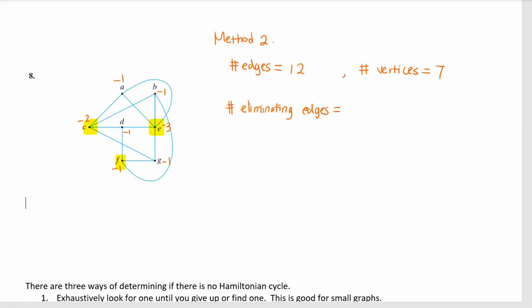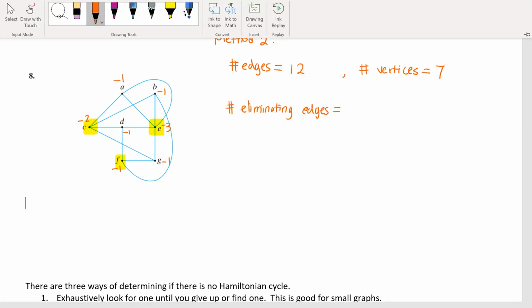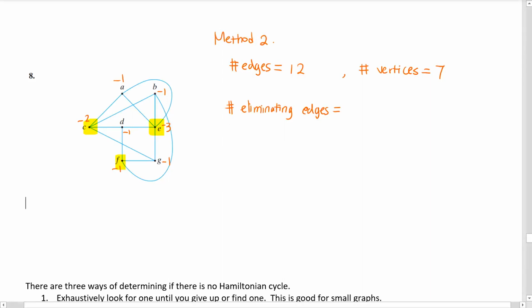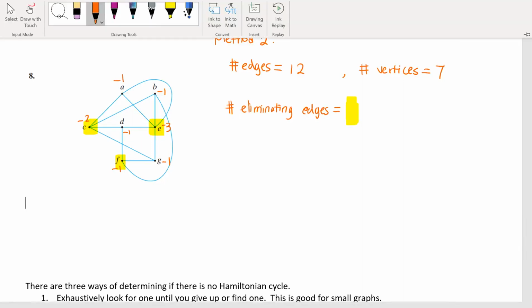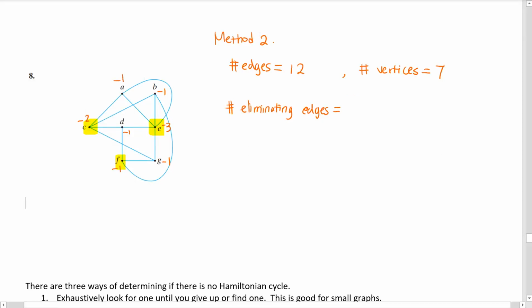Let's add them together. So we have 3 plus 2 plus 1, which is 6. Okay, how about the number of edges left?